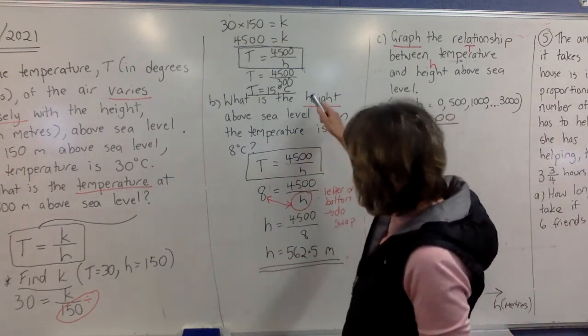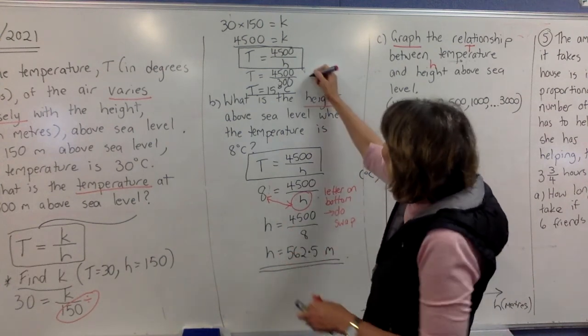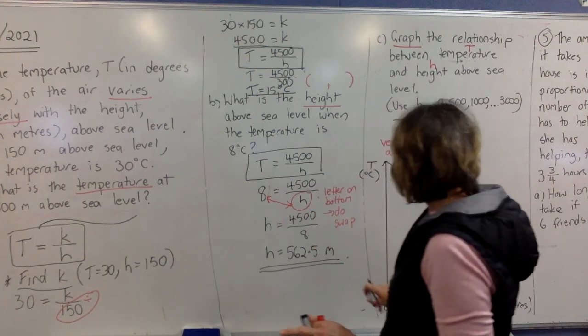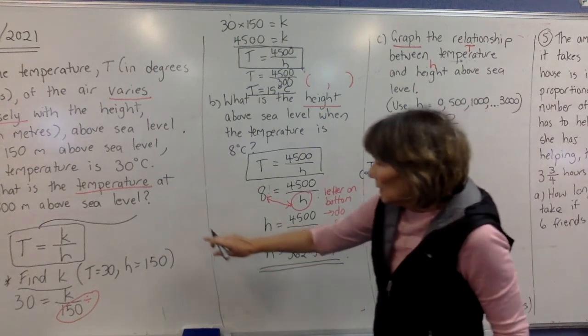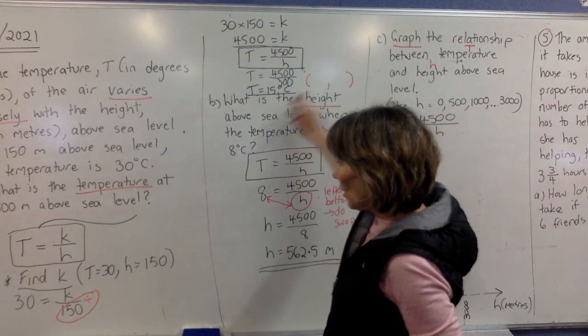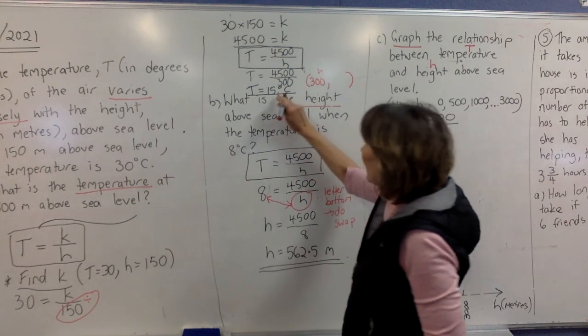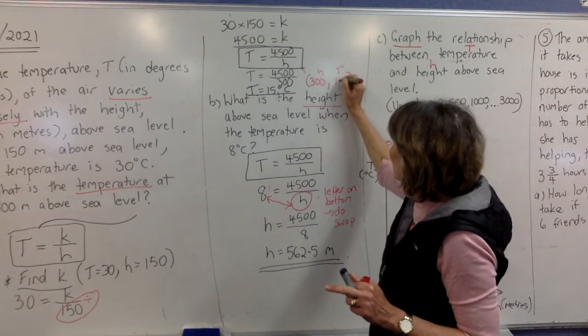All right, and then the other thing we know is this one here. So I'm going to come back here and try and write this as a point. All right, so our h is going to be our first coordinate, and in this one, our h was 300, so that's our h, and our t was our second coordinate for our vertical axis, and that's 15.